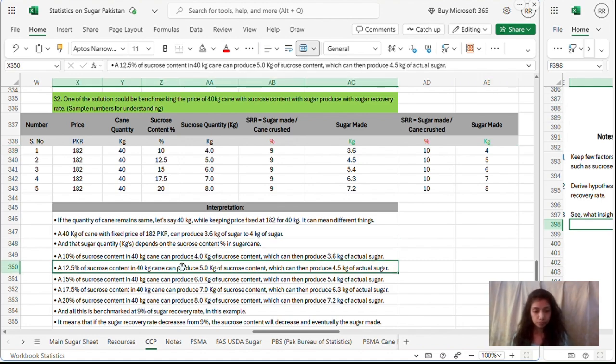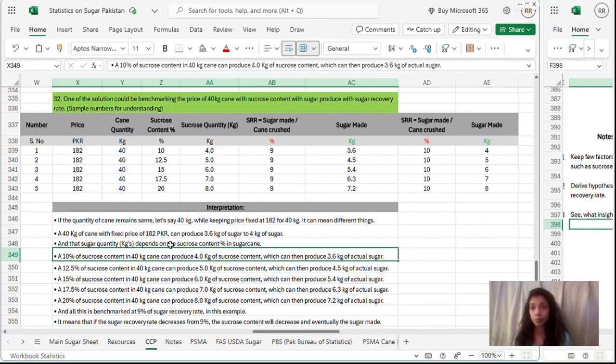So let's say here we are going one by one to see where we establish the understanding to reach the next stage, the point of contention, the hypotheses that we are going to consider. A 10% sucrose content in 40 kg cane can produce 4 kg of sucrose content.